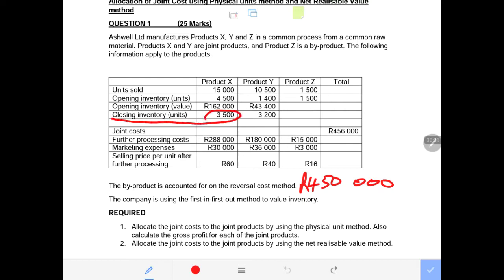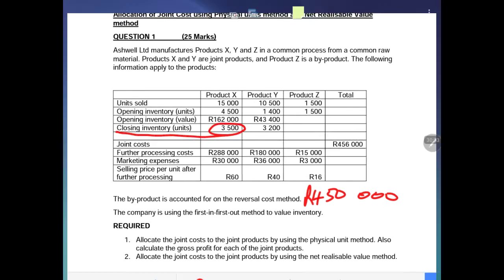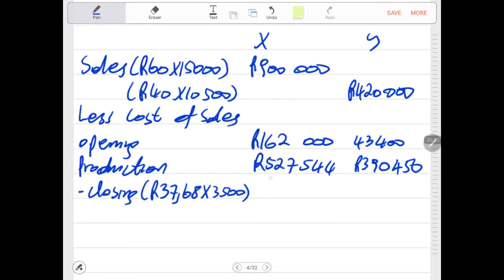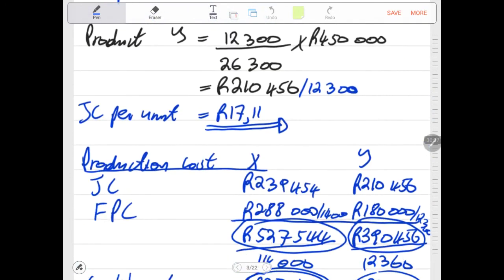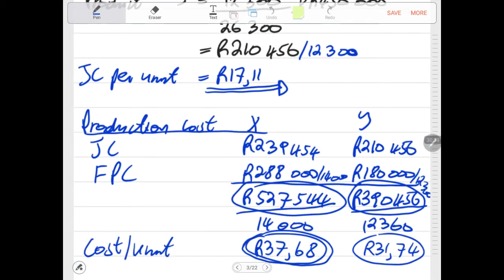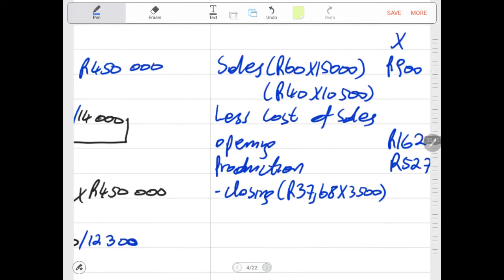For closing inventory, the cost of production, meaning the cost per unit, we calculated very accurately to be 37 rand 68 cents.